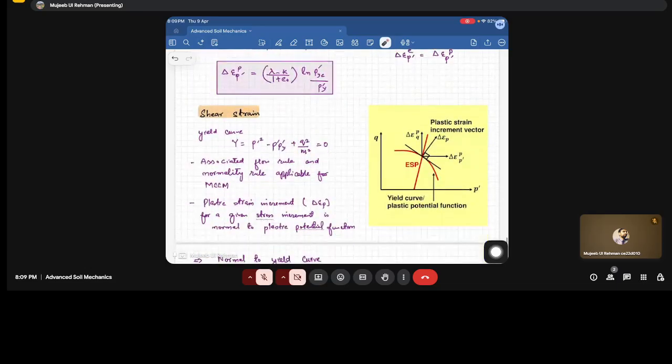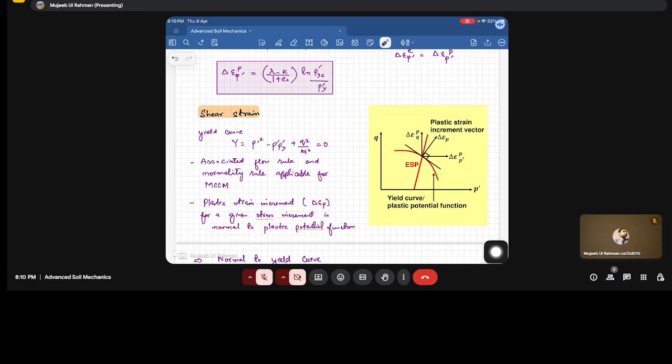We have said that the yield surfaces in the modified Cam clay model and Cam clay model follow an associated flow rule, in which the yield function is used. A similar yield function is used to describe the plastic potential function also. So it also follows the normality rule. The plastic strain increment delta epsilon P for a given stress increment is normal to the plastic potential function.